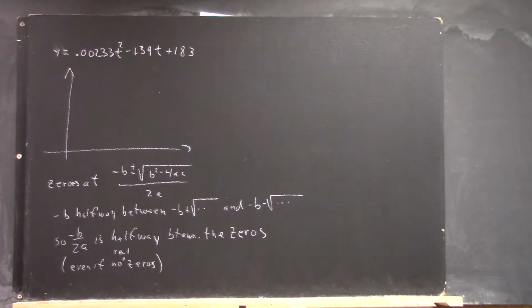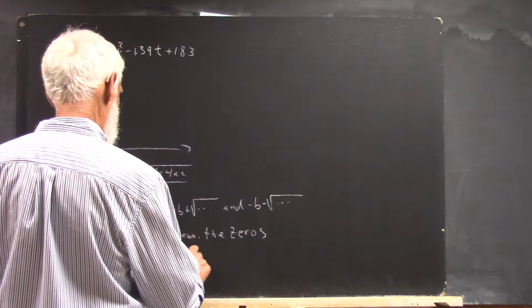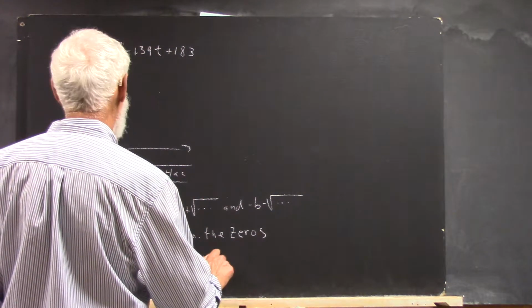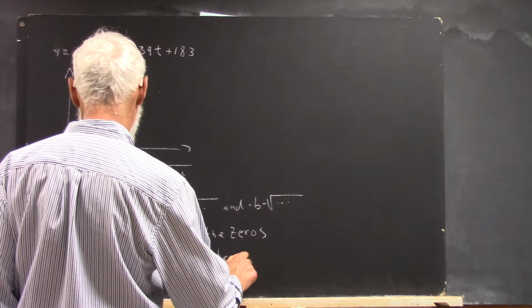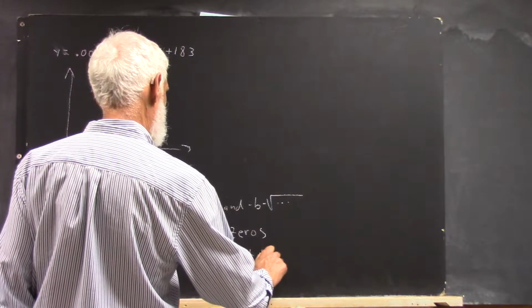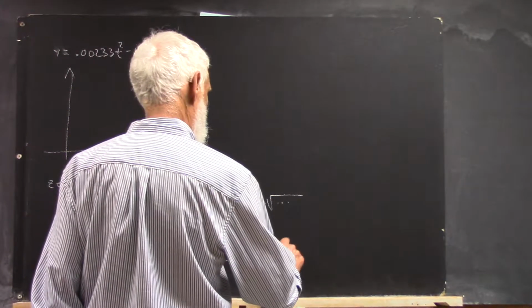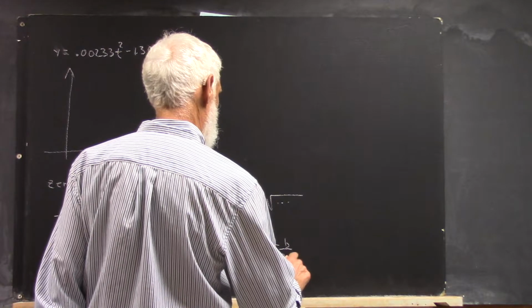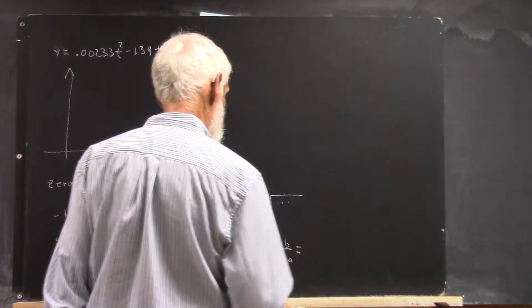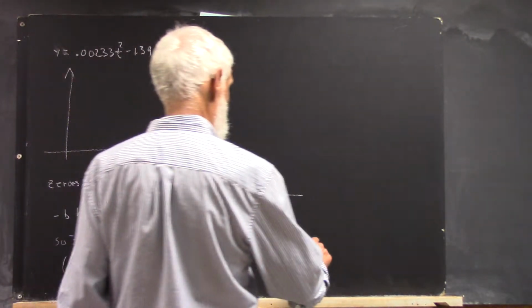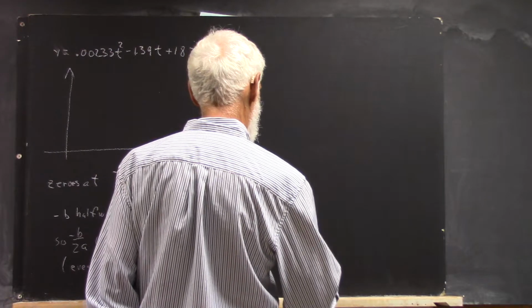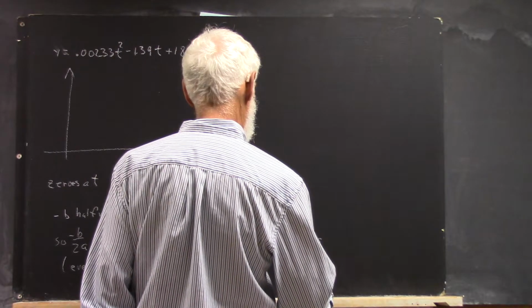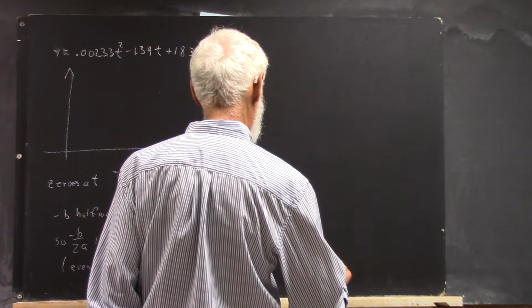Okay, so the vertex is at t equals negative b over 2a, which is, what, 1.39 over 0.00223.